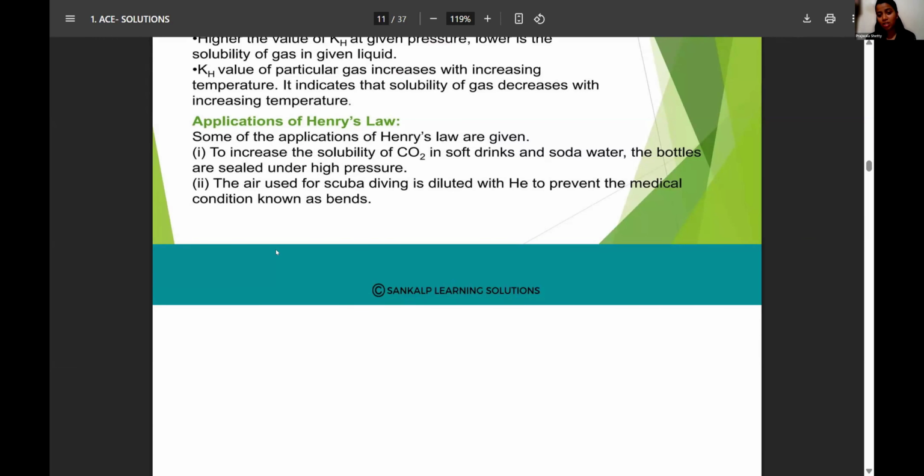So again, this is the point where Henry's law is being applied. So Henry's law is applicable in soft drinks or soda water. There, to increase carbon dioxide, they are sealed under a high pressure. Okay.